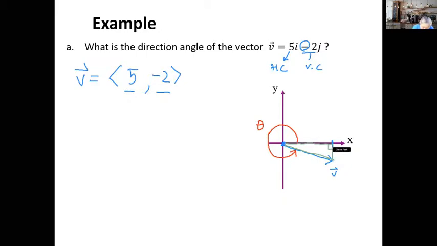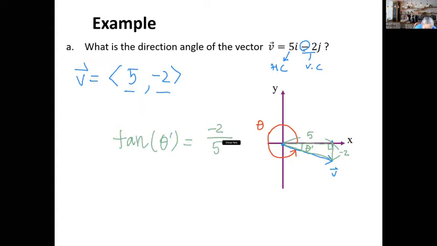So this is 5, and then this is -2. That means the ratio of the tangent of the reference angle theta prime, in green there, is tangent of theta prime equals vertical -2 over horizontal +5.